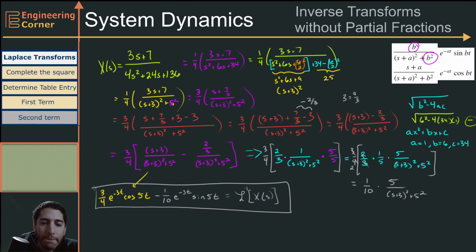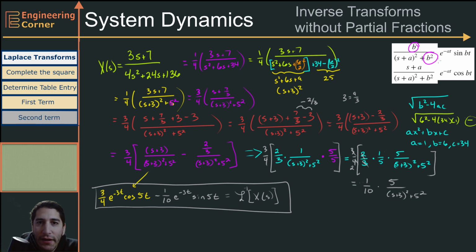Hopefully, this has given you an idea of how we can avoid using partial fraction expansion. We avoid all those algebraic equations, and we can just take our Laplace transform that we're given. We can compare it to the tables, and I know I pulled out the correct table entries, and we can manipulate it algebraically to be in the correct form of the table.